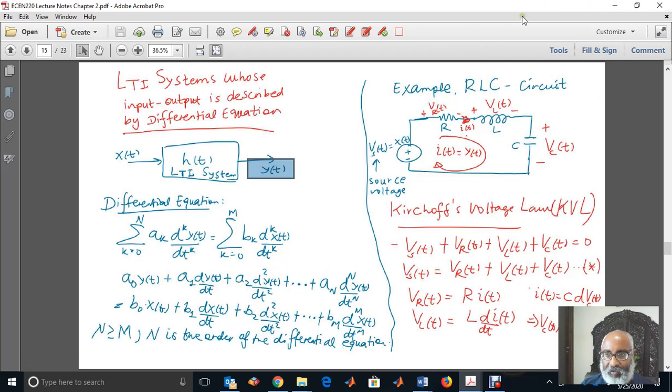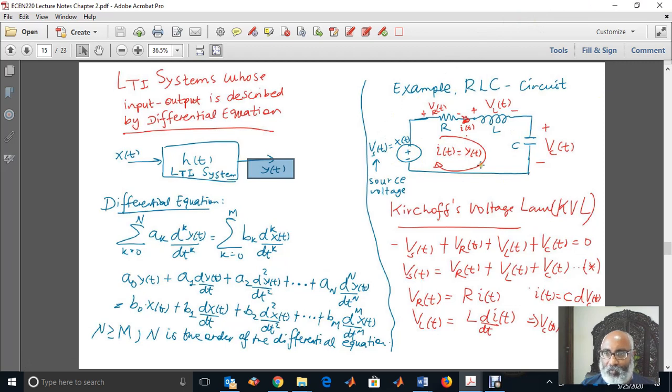Now, for example, here is an application for solving electric circuit problems. Here, I have an input Vs of t, which is equal to x of t. This is called the source voltage.